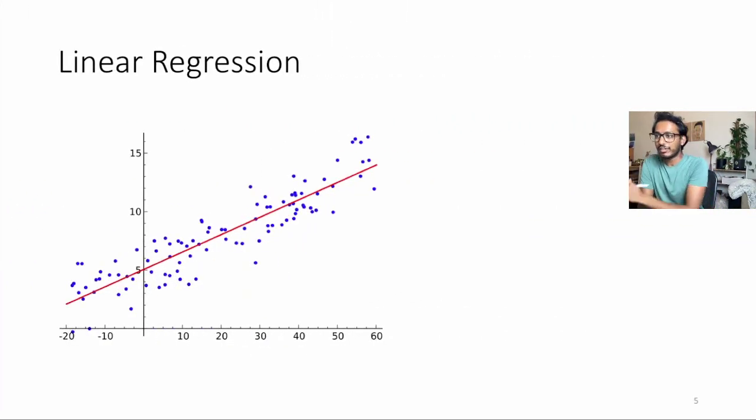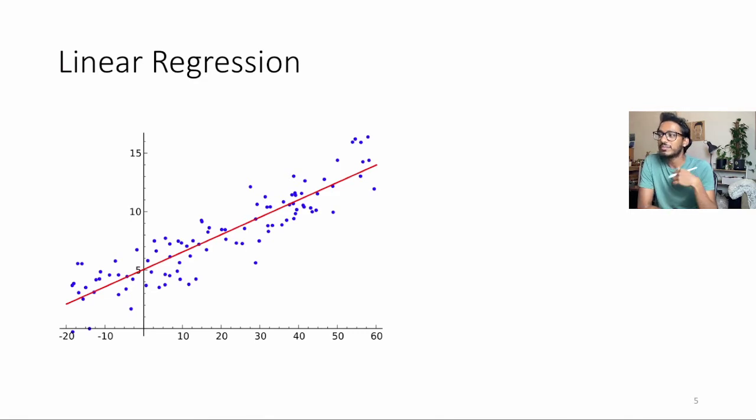So okay, we are going into regression. Linear regression is one of the topics we will be talking about quite a lot this week and in the coming weeks. So first, let us clarify what regression is.